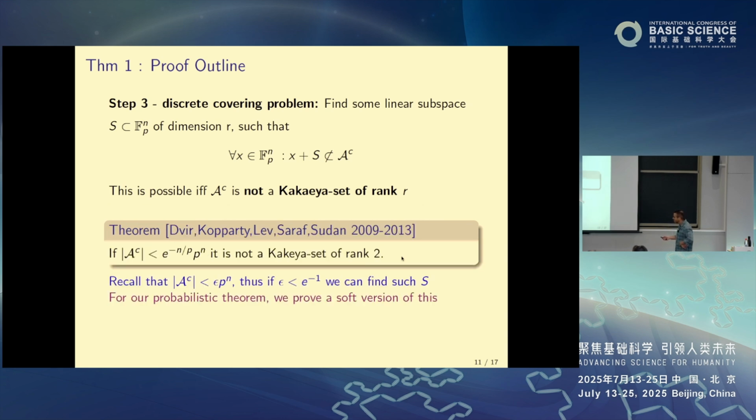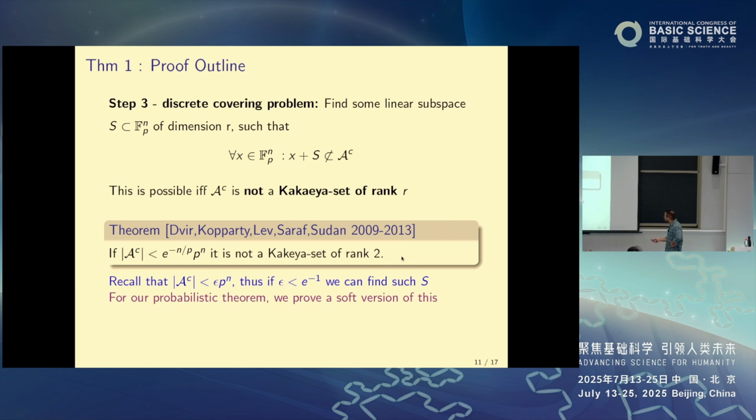Well, what we gain is that there has been tremendous progress in the last 2 decades in understanding the minimal size of Kakeya sets. This was a sequence of works initiated by Zeev Dvir and then continued by other co-authors. And the result we need from this line of work is this one.